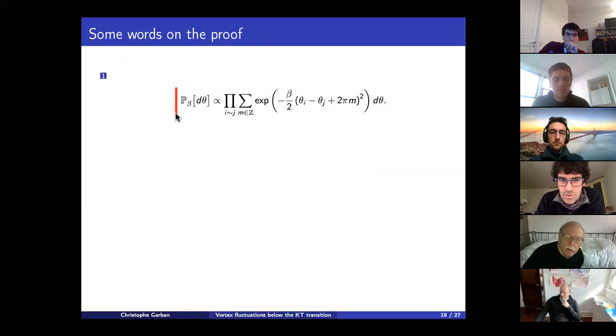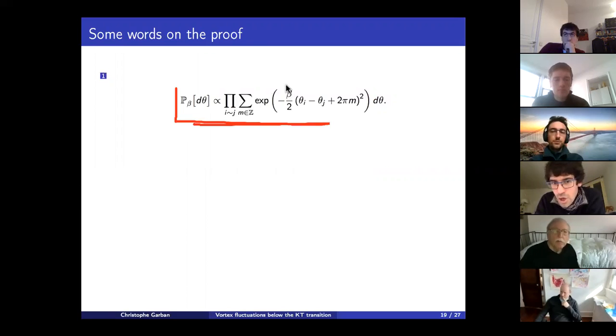The probability measure of the Villain model is given by this. It's a product over the neighboring sites of, previously we had exponential minus beta cosine, but remember that I took a periodized Gaussian to approximate that, to slightly change the model. And so we have this periodized Gaussian now that lives on each edge.